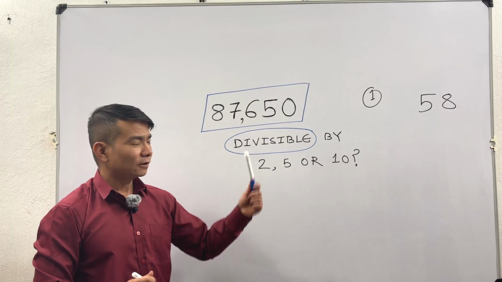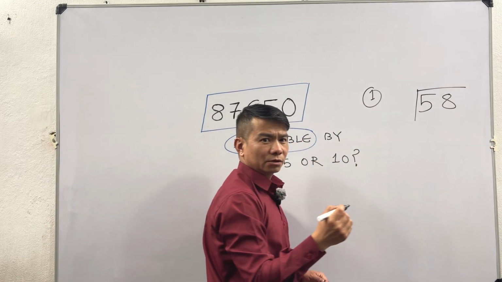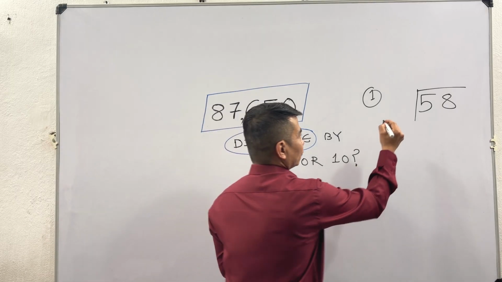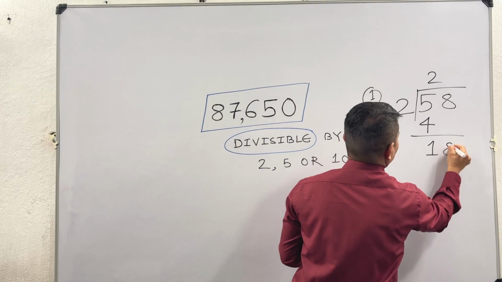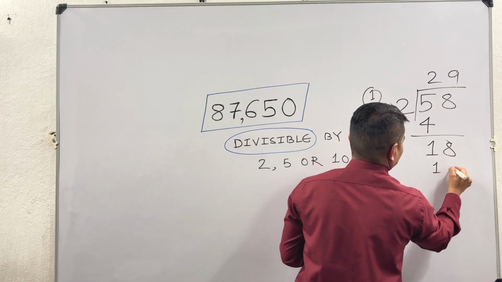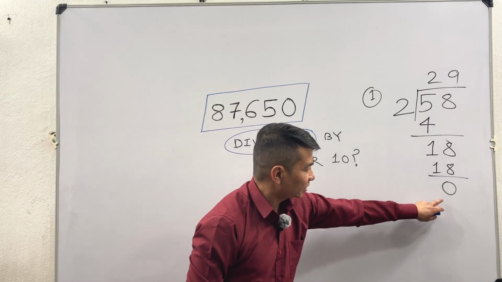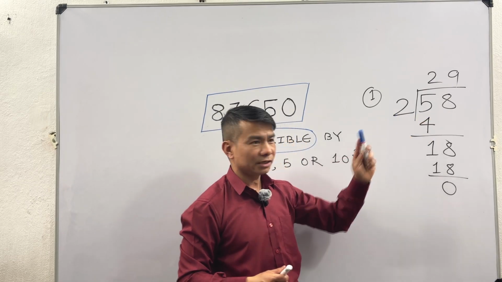In that case, I have to divide 58 by 2. And if I get the remainder as 0, then we can say that 58 is divisible by 2. So I am dividing it. As you can see, the remainder here is 0. That means we can say that 58 is divisible by 2.